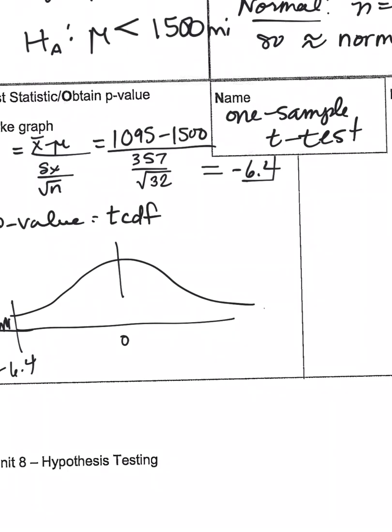Because that's going to tell me lower bound and upper bound, isn't it? So lower bound is a really big, small negative number. Upper bound is negative 6.4. And degrees of freedom? 31. You should note that somewhere. Degrees of freedom, 31. You should always put that in.